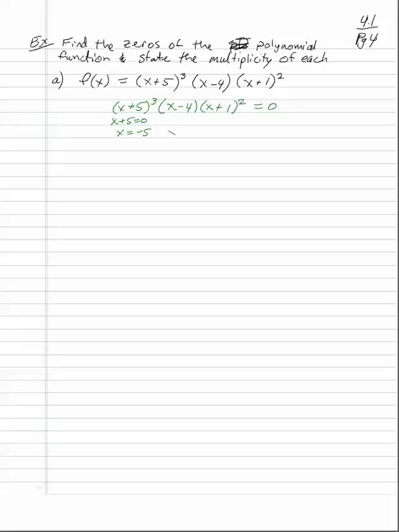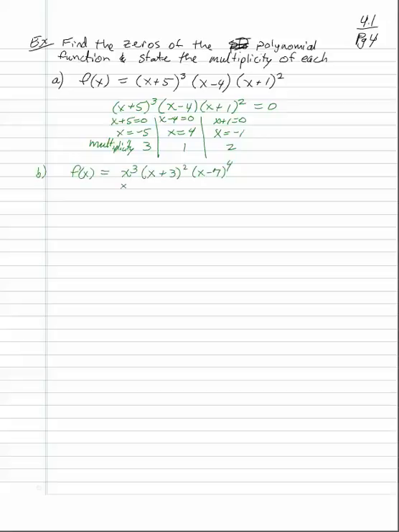Just change the sign, so x equals 4, because x minus 4 equals 0, add 4 to both sides. Subtract 1 from both sides. Then the multiplicity for -5 is 3. The multiplicity for 4 is once. And the multiplicity for -1 is twice. That's all there is to it.